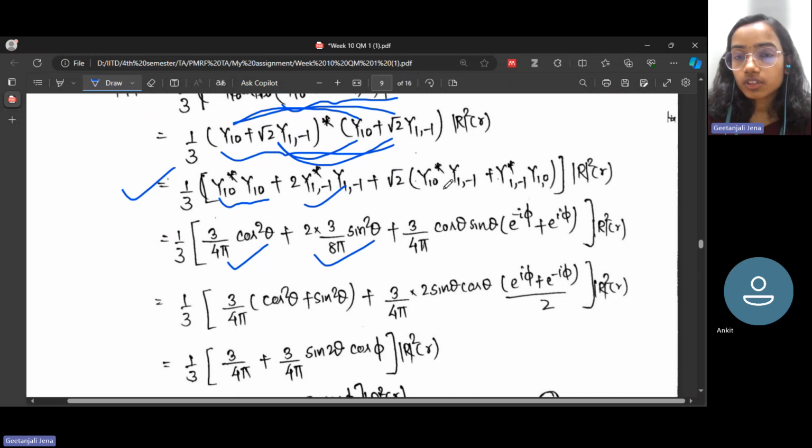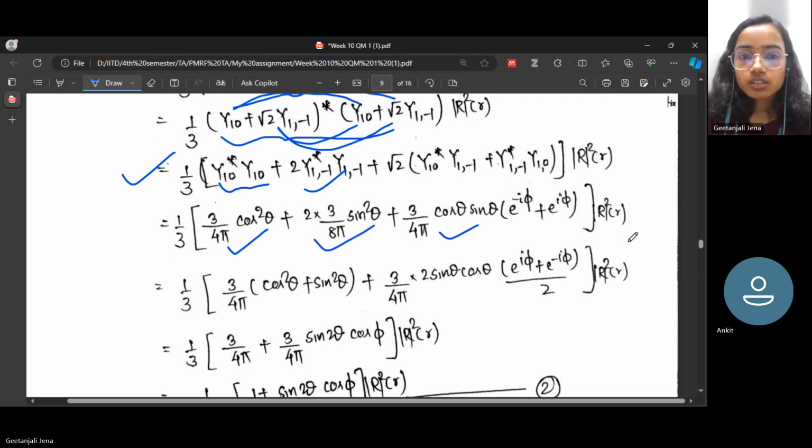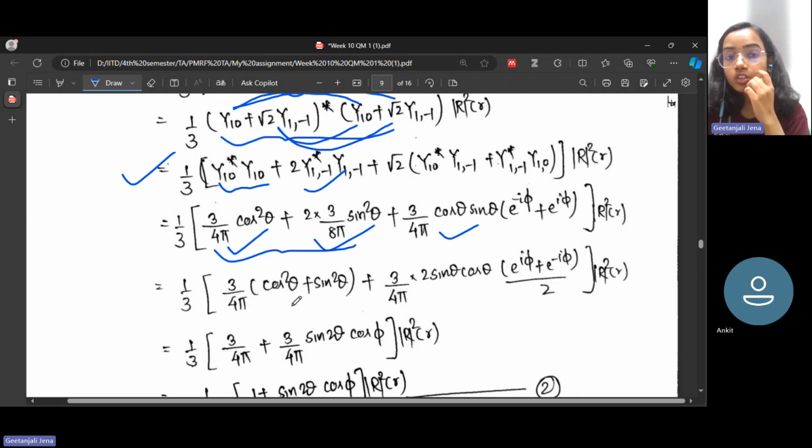For the third and fourth terms, you will get 3 by 4 pi cos theta sin theta into e to power minus i phi and e to power i phi, multiplied by r square. Now if you see, there is a common term which is 3 by 4 pi, and cos square theta plus sin square theta is nothing but 1.